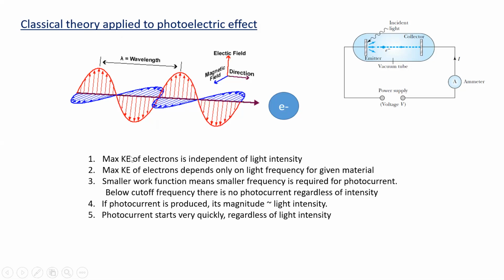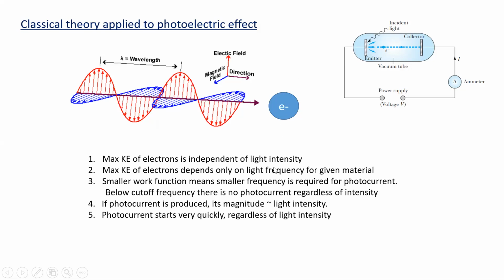The maximum kinetic energy of electrons is independent of light intensity. Well, that wouldn't seem to make sense, because the more intense the light, the greater the electric field is. That's what light intensity is classically, this electric field. And so that would mean that the electron would be pumped with greater and greater force, a greater and greater electric field.